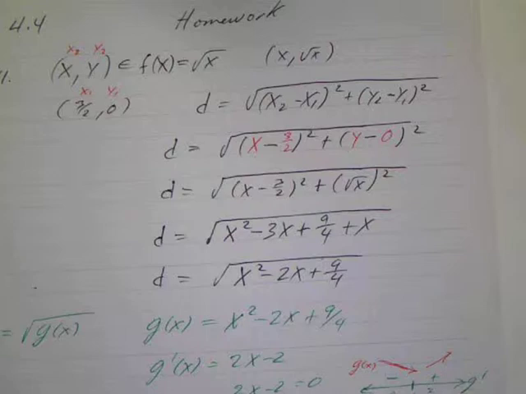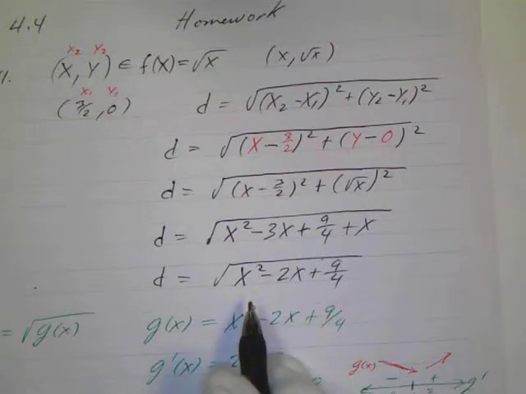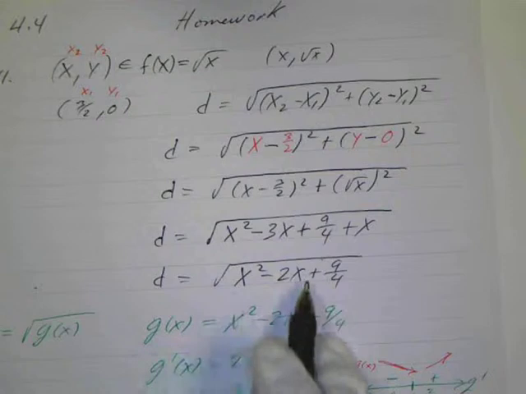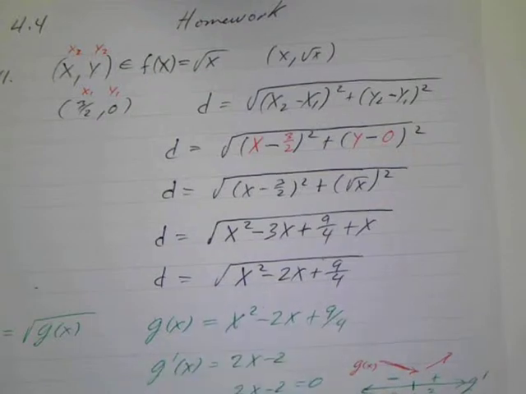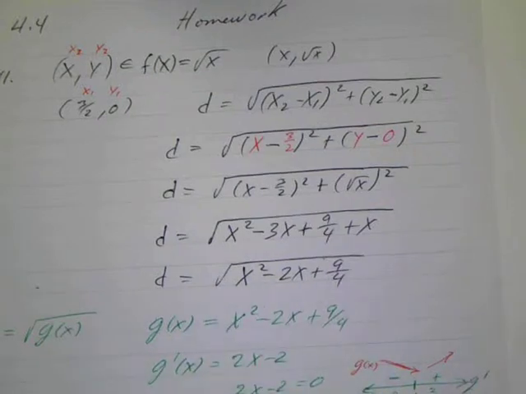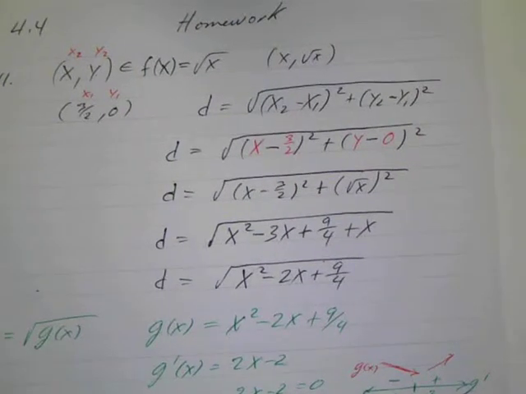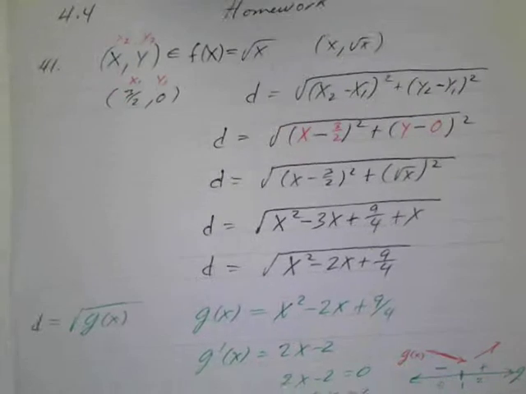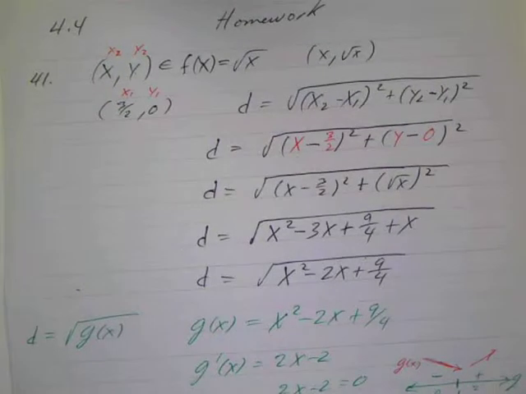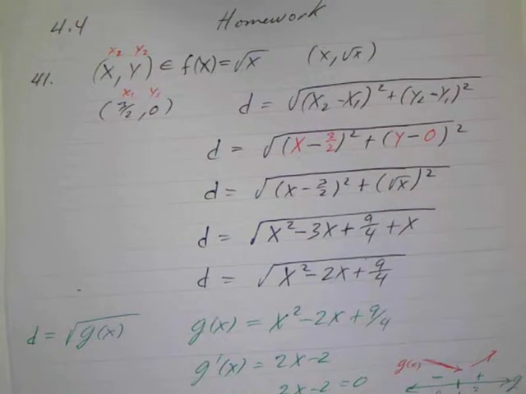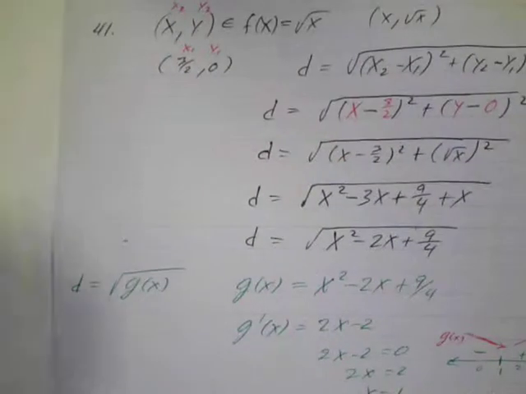So x equals 1 is what we're looking for, so we can put this right back in to find the distance, because this is what we really want, the distance. So distance equals the square root of 1 squared, which is 1, minus 2 times 1, which is 2, plus 9 over 4. That's going to give me the minimum distance.